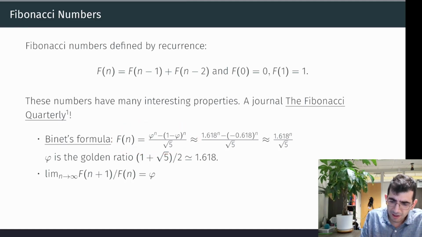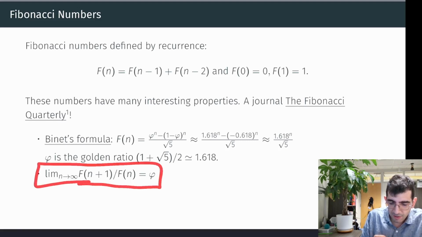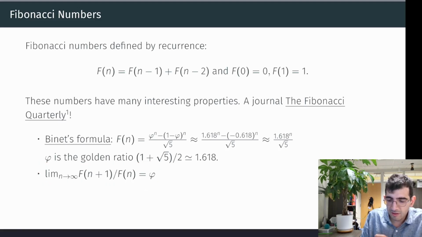Simply put, Binet observed that the ratio between subsequent Fibonacci numbers goes towards the golden ratio. And for those of you that don't know, the golden ratio is a fundamental number, like pi in mathematics, and the golden ratio is equal to 1.618 approximately.